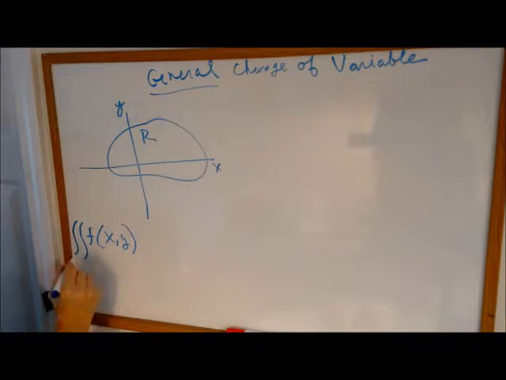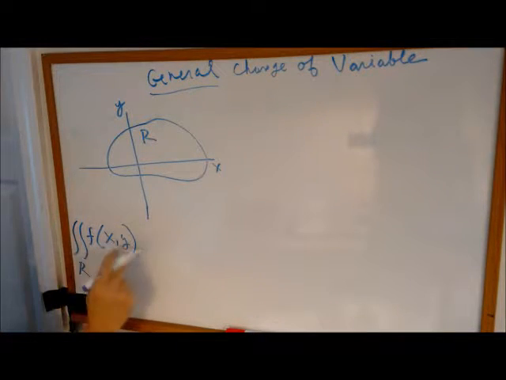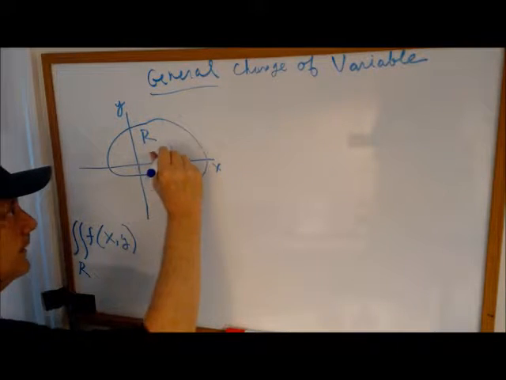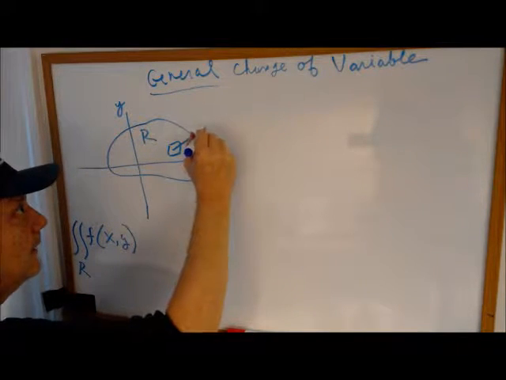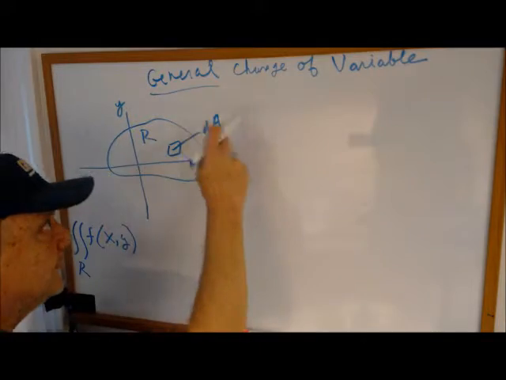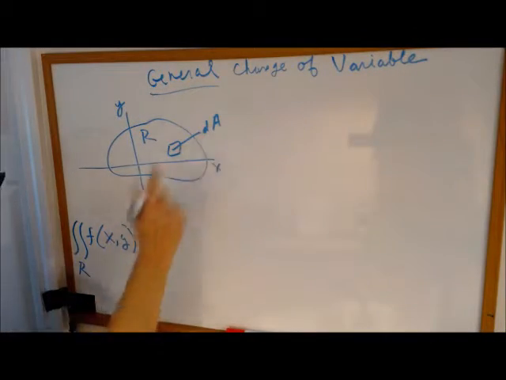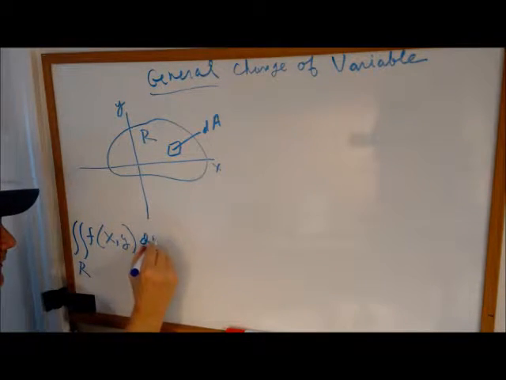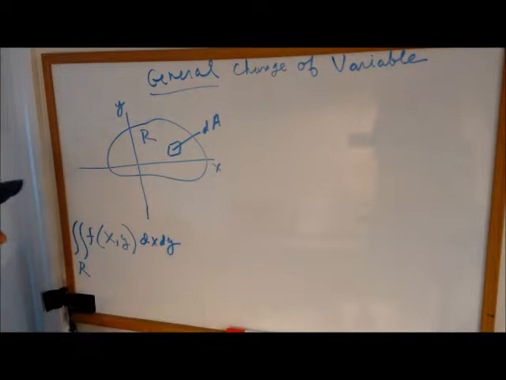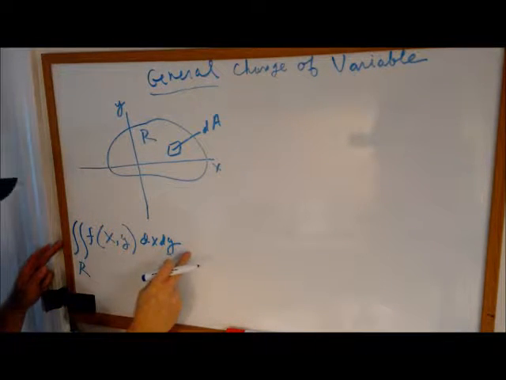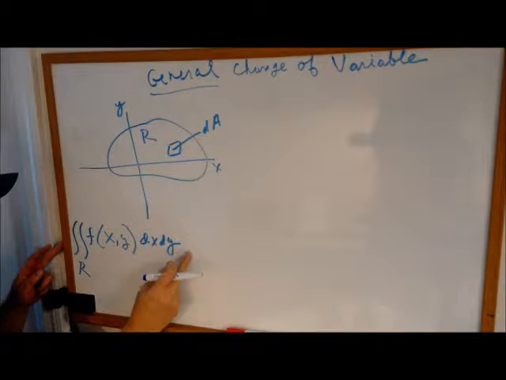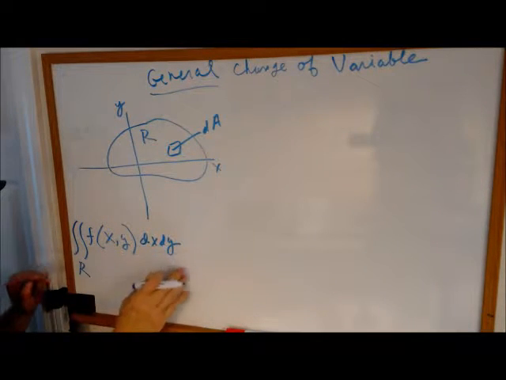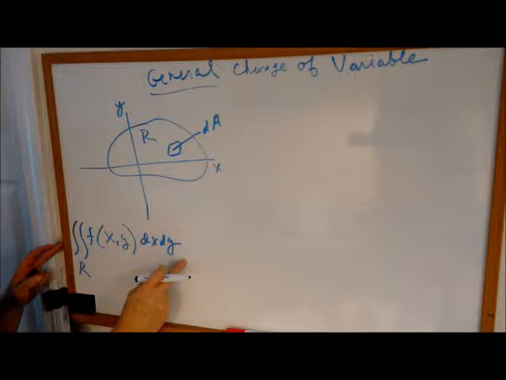So it'll be a double integral over the region. And the area here, we'll call it dA for the differential of area. Well, dA is, by definition, dx dy. So here's the problem. And let's assume that this is a difficult problem to do as stated.